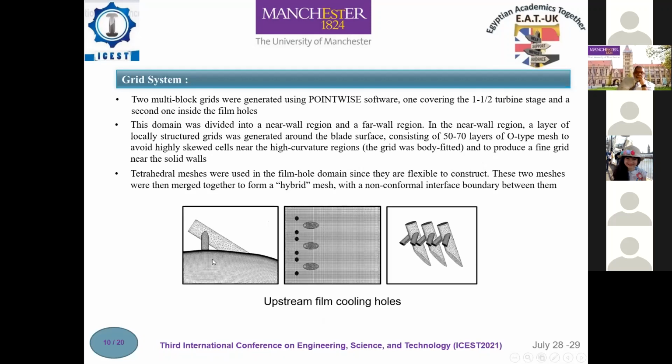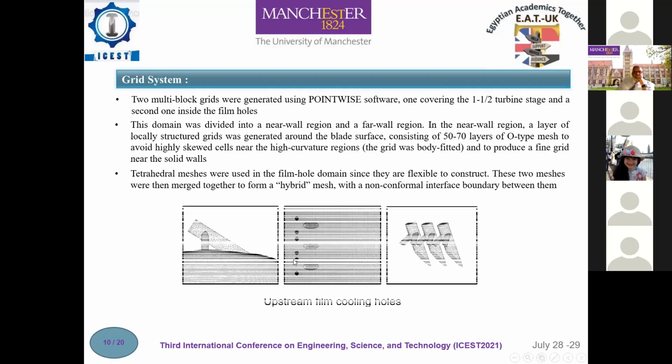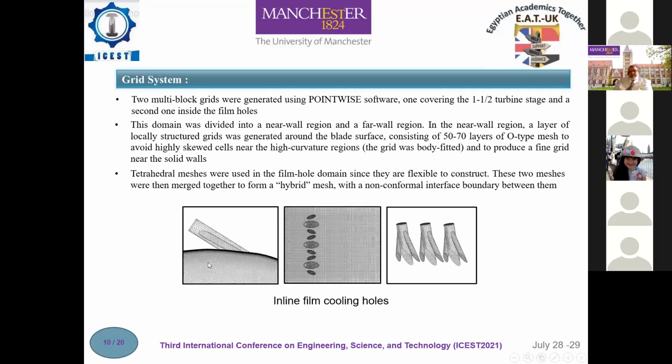The computational domain of the present study consists of fluid around the first stage stator, the first stage rotor blade with tip clearance, the second stage stator, and fluid inside the film holes. The computational domain was divided into two regions with different grid structures, as shown in this figure. Therefore, two multiblock grids were generated using Pointwise software, one covering the half turbine stage and a second one inside the film holes.